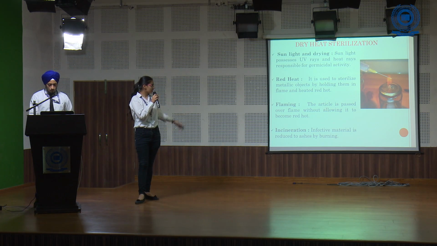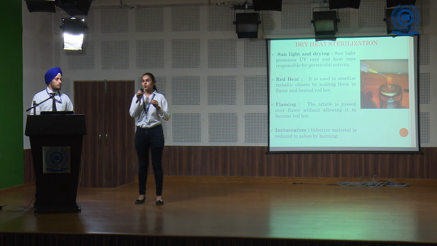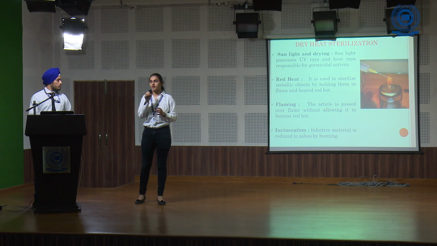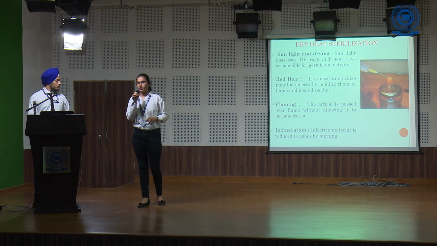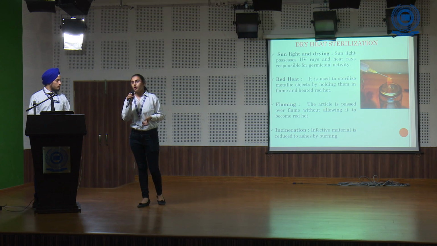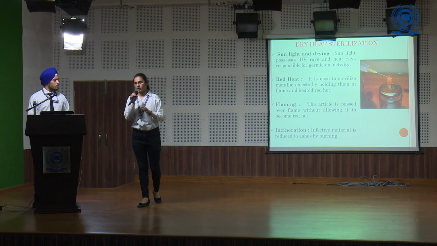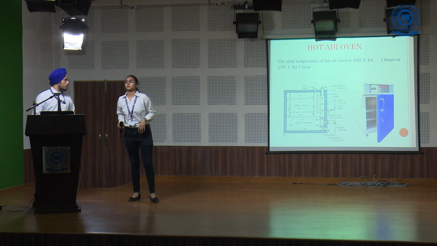Incineration is a process in which the material is reduced to ashes by burning, like animal carcasses. Their dead bodies are burned and converted into ashes. Examples are beddings, animal carcasses, etc.